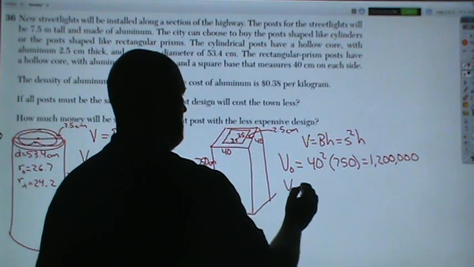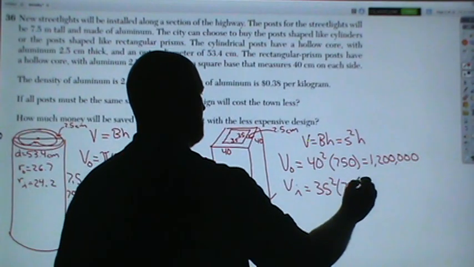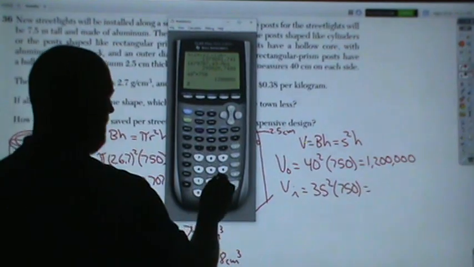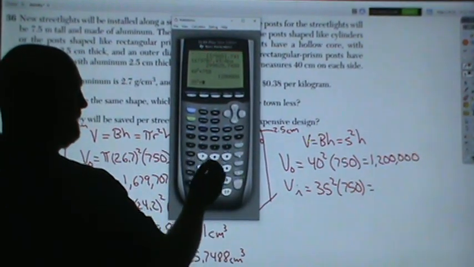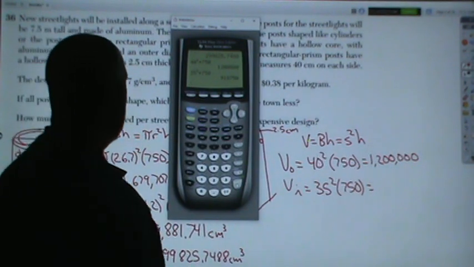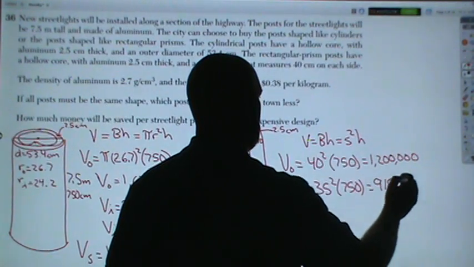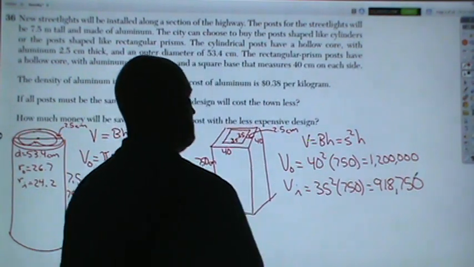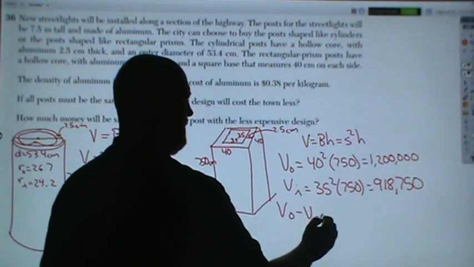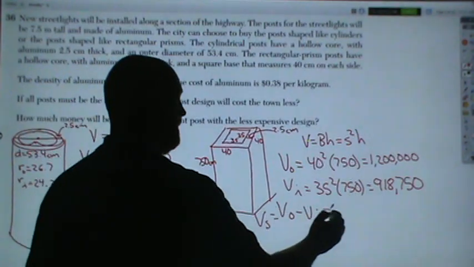For the inner shell, I'm going to have 35 squared times 750. 35 squared times 750 is 918,750. If I subtract those, the volume of the outer minus the volume of the inner, that's the volume of the whole shell.